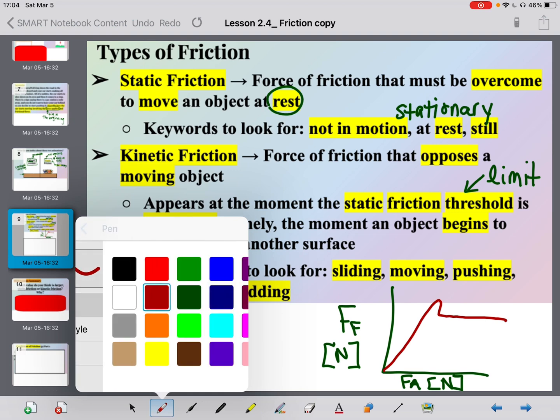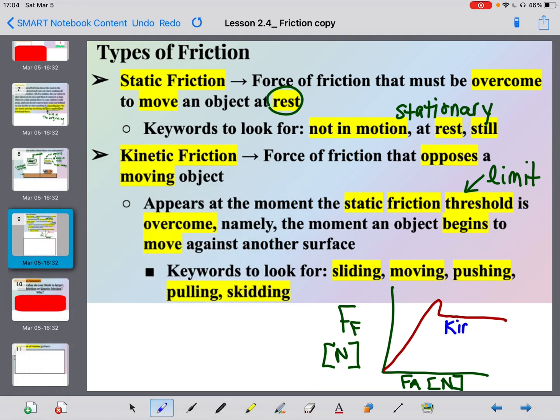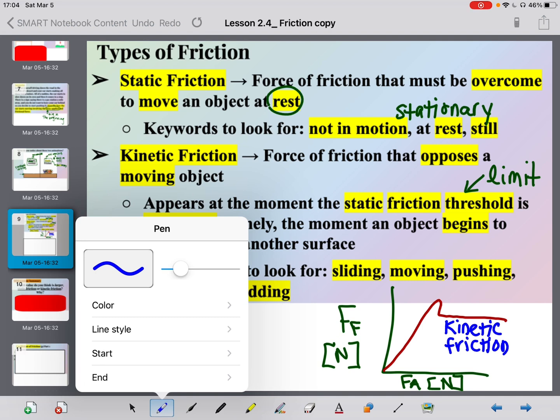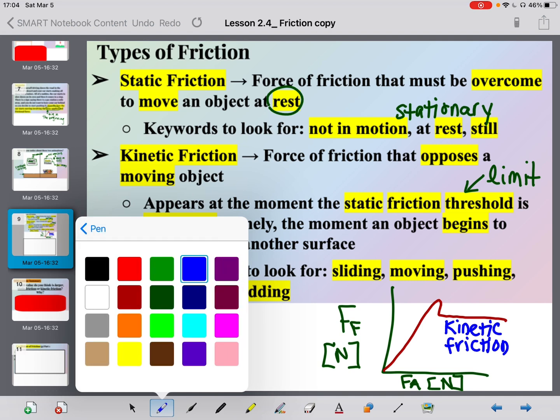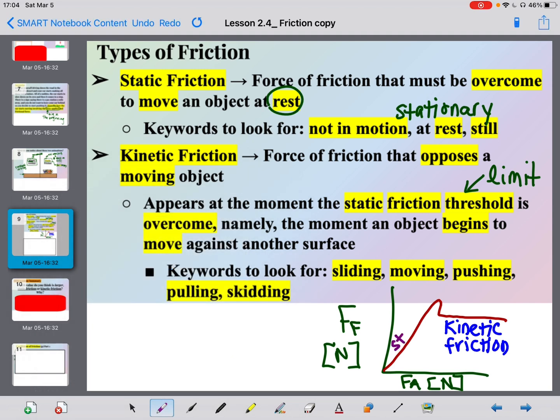So right here is kinetic. Okay, and then the next one, let's see, we can do it in purple, would be static friction.